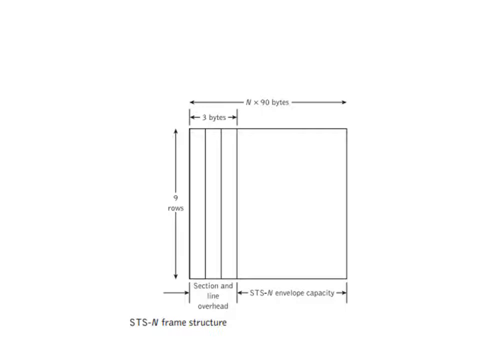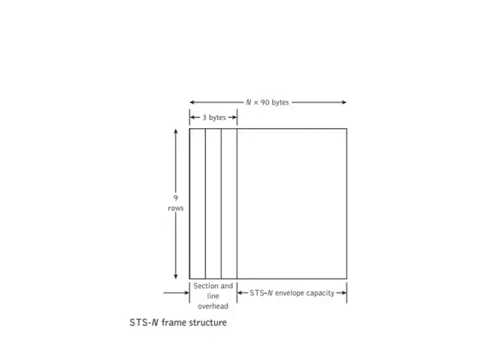If you want STS-N, you need to multiply the first 3 bytes, the total 90 bytes is multiplied with that number N, and the 9 rows remain as they are. The first 3 into N will be used for the section and line overhead. The remaining will be the payload envelope capacity. So this is the structure of the STS-N frame.